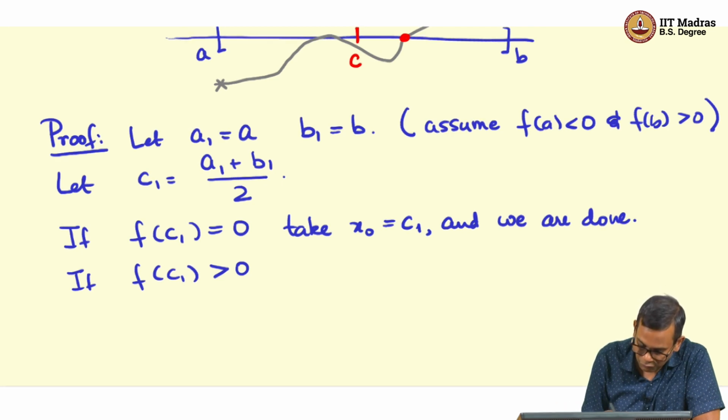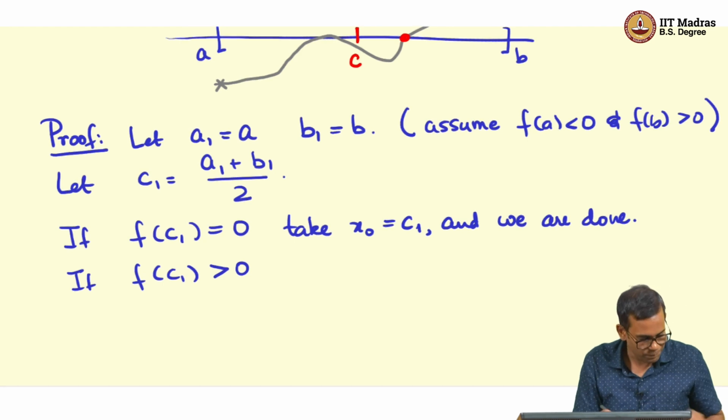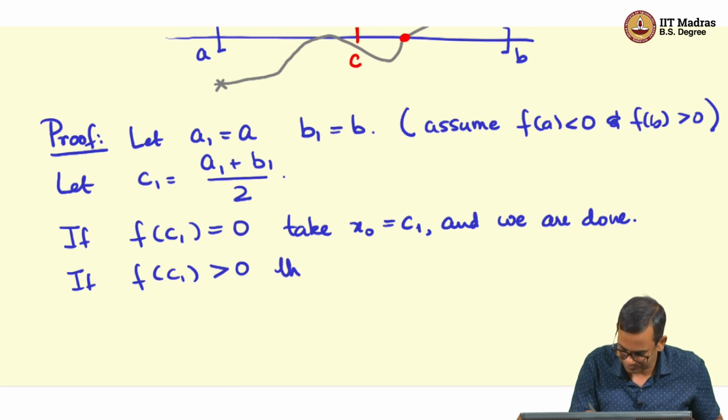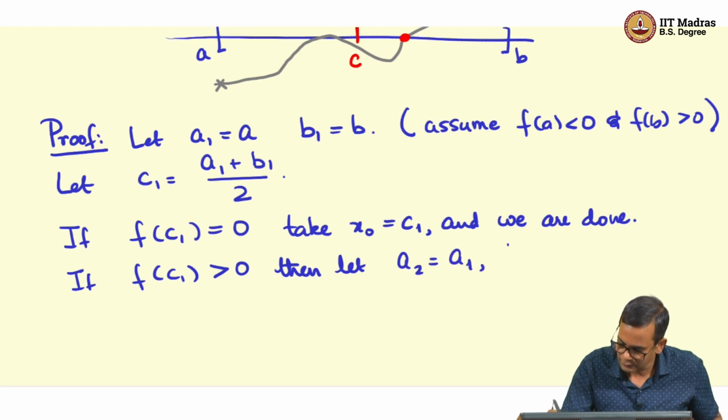And so, now if f of C1 is greater than 0, then what is happening is that f of A and f of C1 have opposite signs. So, let A2 be the same as A1, B2 be C1.